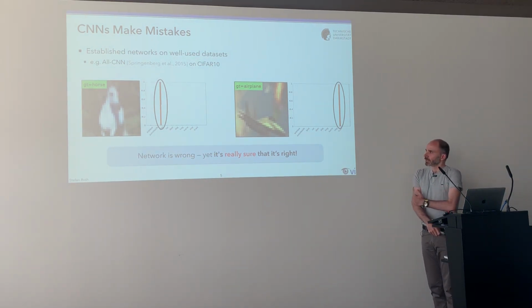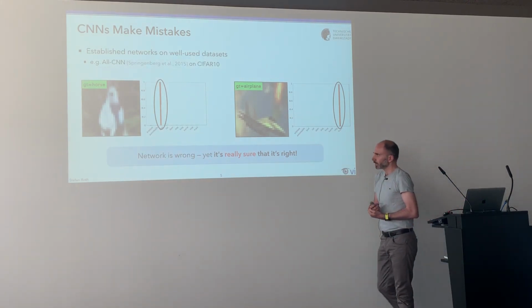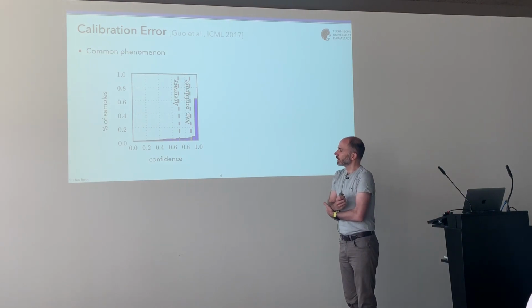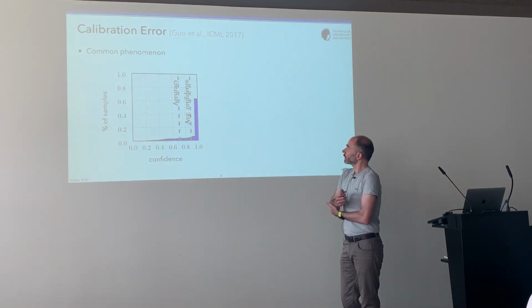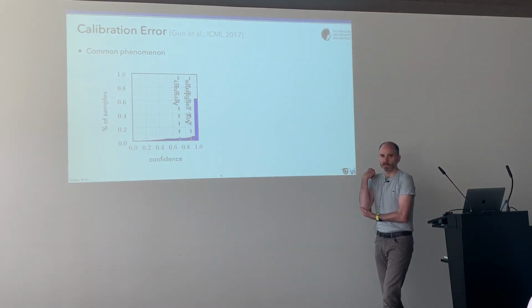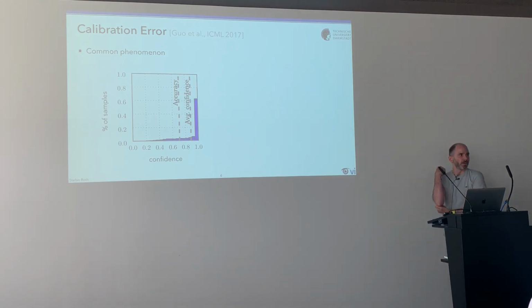So, the question is, of course, is this a general problem? And there's a very interesting analysis by Guo and colleagues from ICML 2017, which looked at calibration errors in modern neural networks across a variety of different data sets.